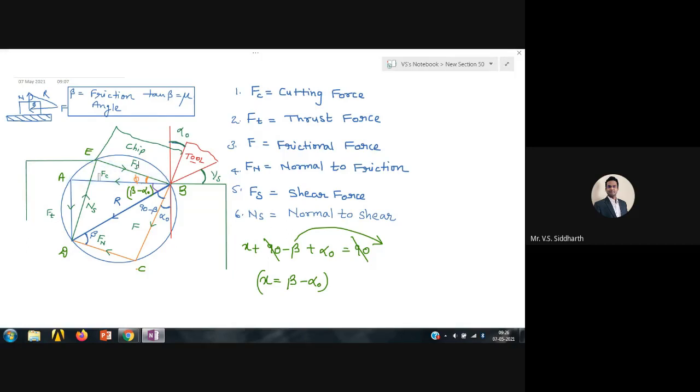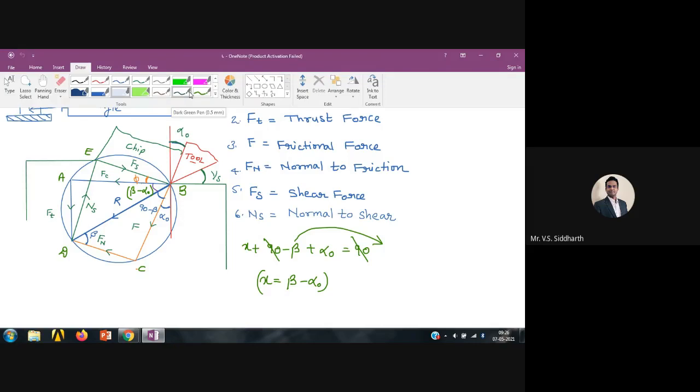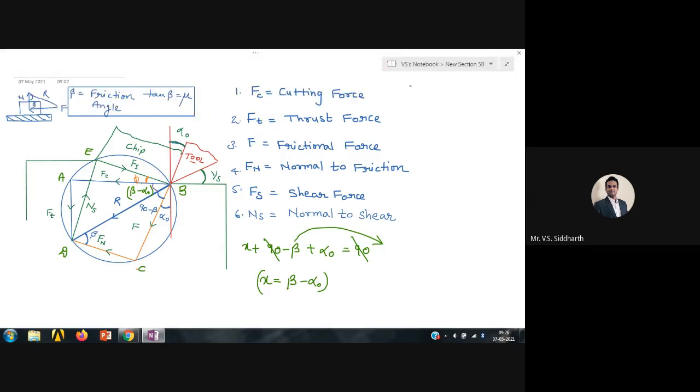All the angles are clear? Say yes or no. Anyone having any doubt up to this point? I will write the angles also here. Yes. Good. Phi is the shear angle. Alpha naught is the orthogonal rake angle.